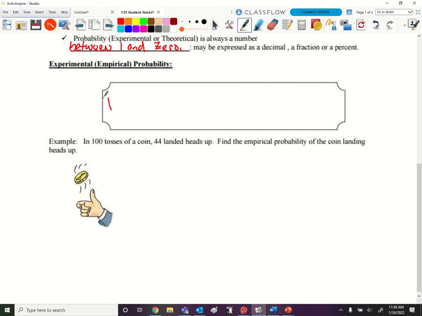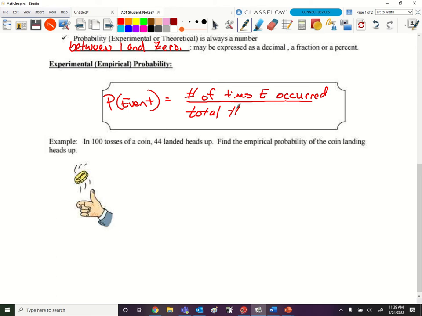We have P of event is going to be the number of times E occurred and the total number of experiments.